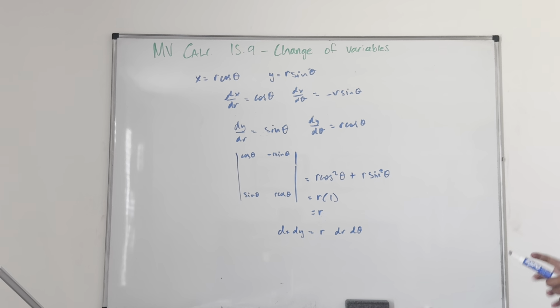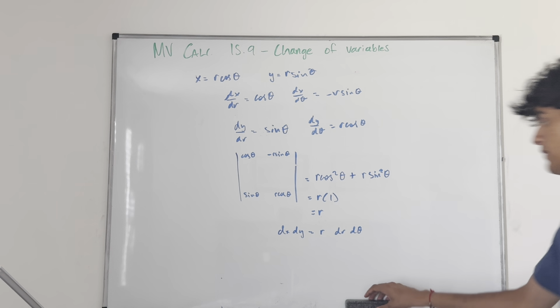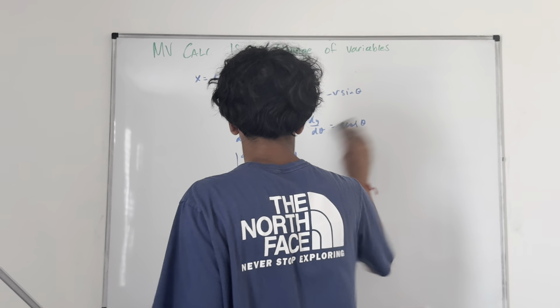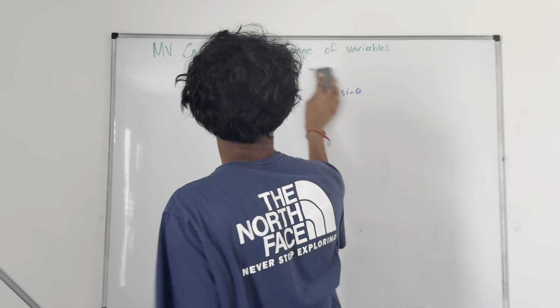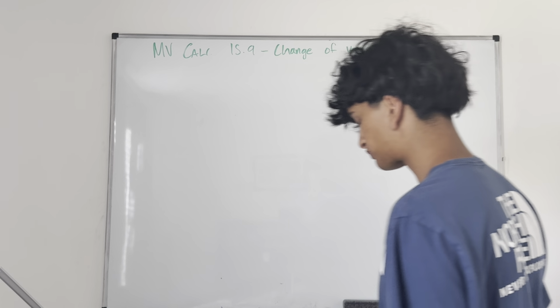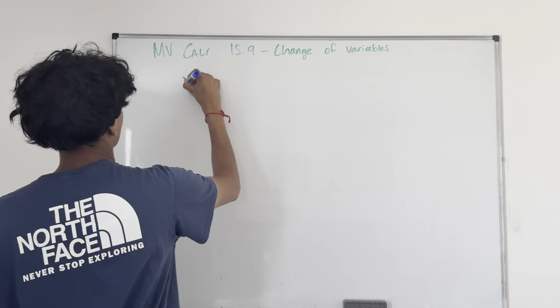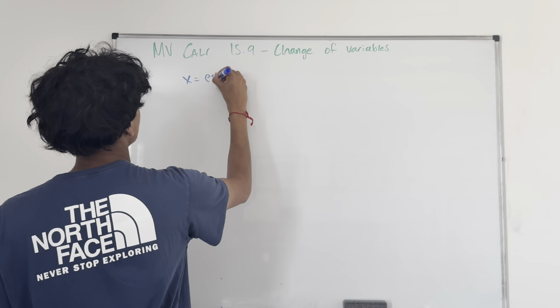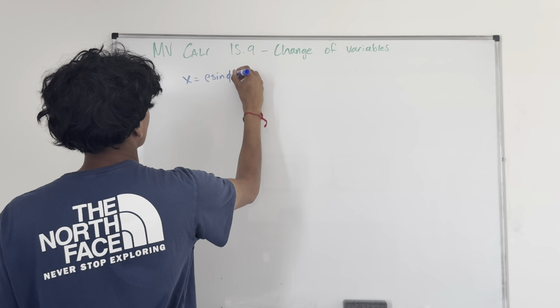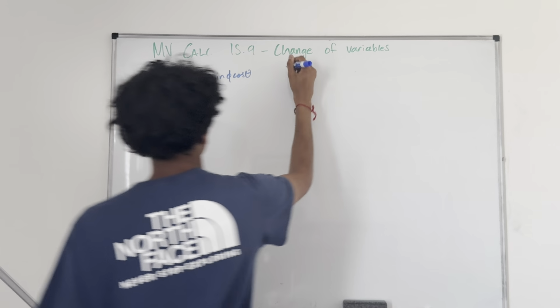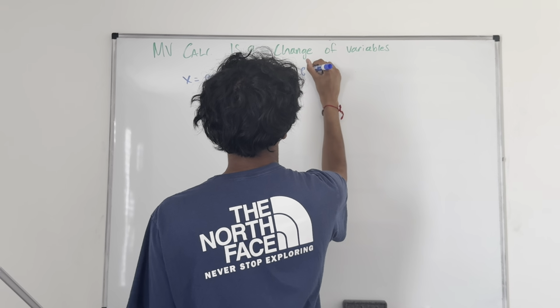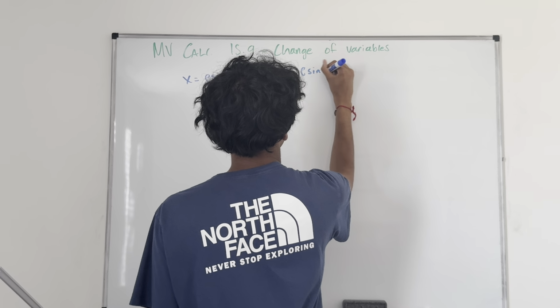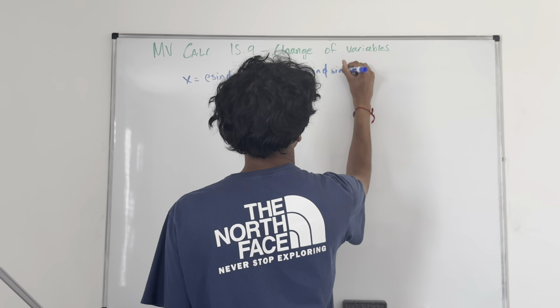You can do the same thing for something like spherical coordinates. Remember we said that x is equal to rho sine phi cosine theta. Y is equal to rho sine phi sine theta.